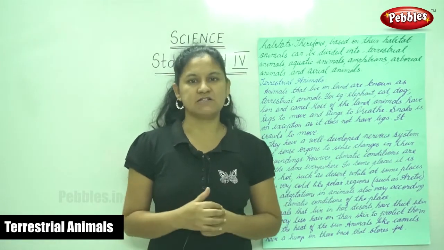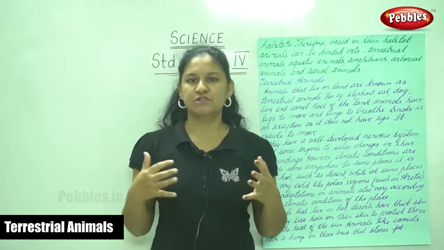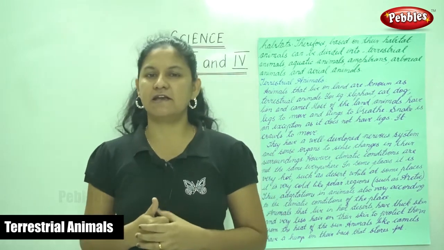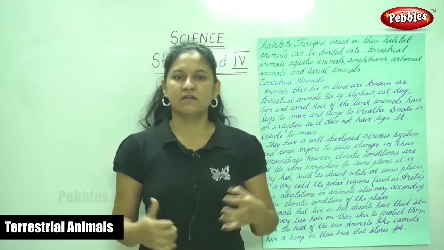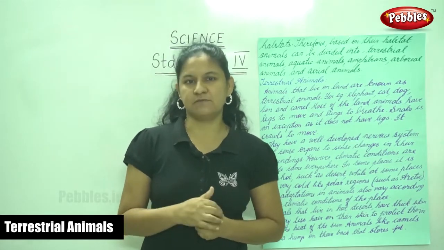And the different parts of the plant, that is the root which grows below the ground and the shoot that grows above the ground. Next is about animals.